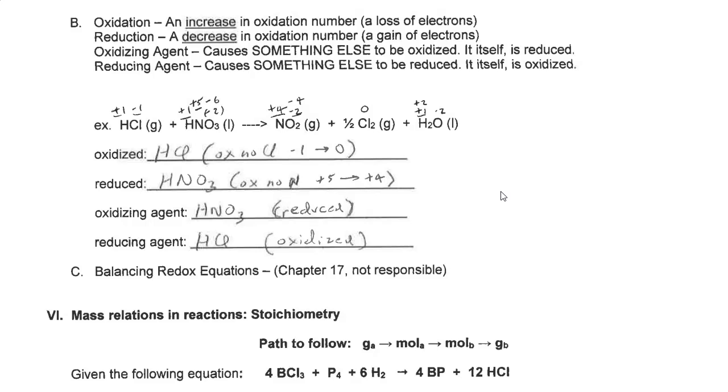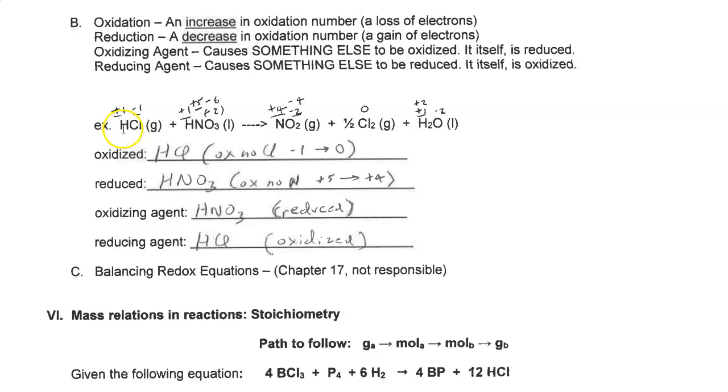If everything still has the same oxidation number on both sides, it's not a redox reaction. Some are, but some aren't. So the first thing I've got to be able to do is assign oxidation numbers. If I can't, I'm dead in the water. Can't do anything else here.